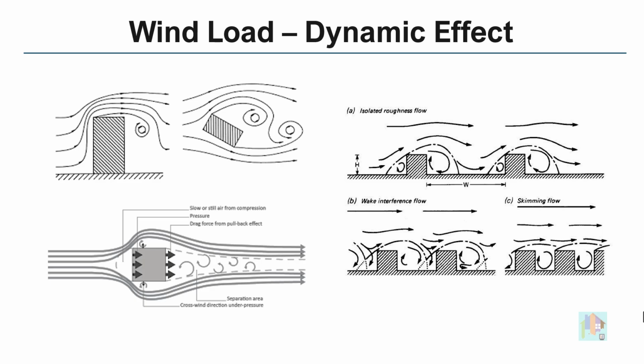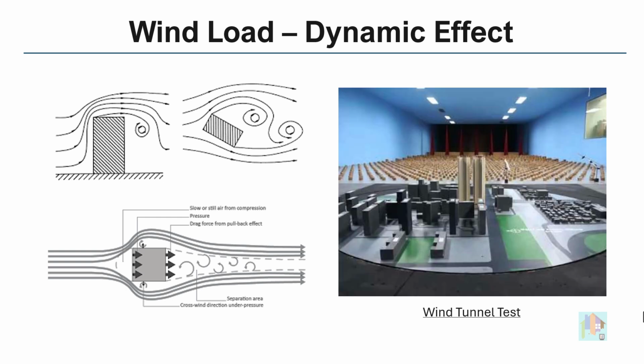For any high-rise building, we need to consider the dynamic effect of wind along with the vortex shedding effect. When wind is applied on the structure from any direction, along with the direct pressure load on the projected area, we need to consider the crosswind effect and drag forces in other parts of the building. This effect can be captured using a wind tunnel test, where a miniature version of the structure is tested for wind application.